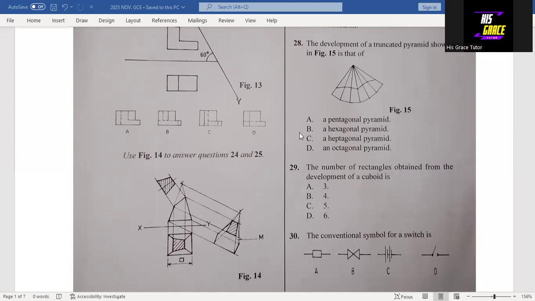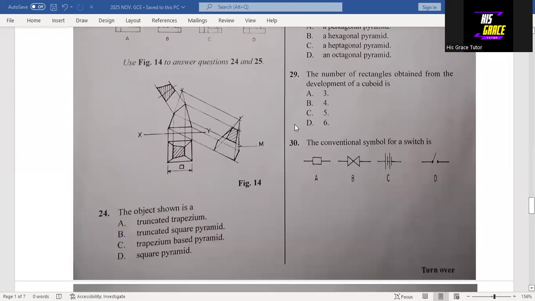So the answer is option B. Then question 29. The number of rectangles obtained from development of a cuboid is 6. That is option D. And question 30, the conventional symbol for a switch, option D is the answer to question 30.